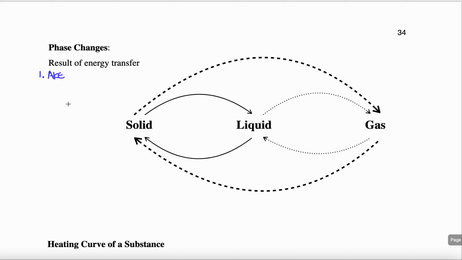Either all of the particles start to move more or they start to move less. And because of that type of change, it also affects the attraction strength between the particles. So I'm going to write attraction strength.